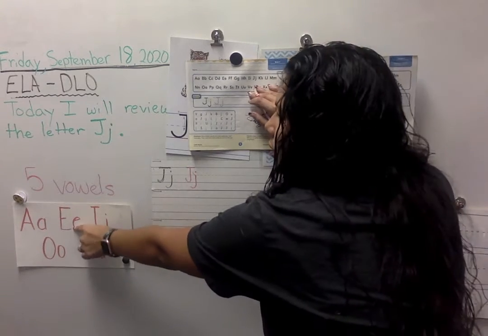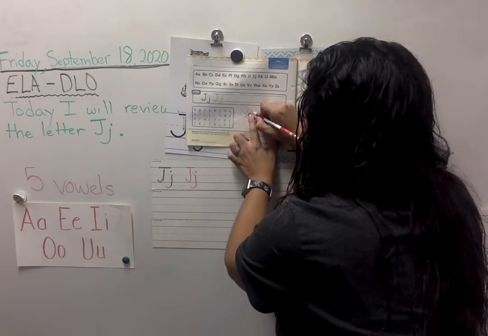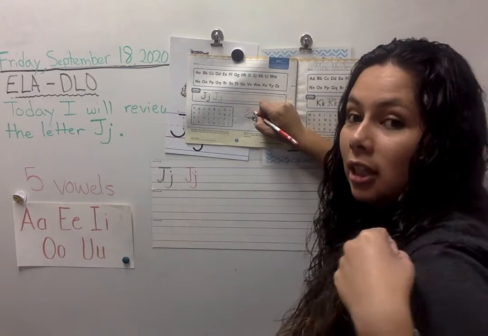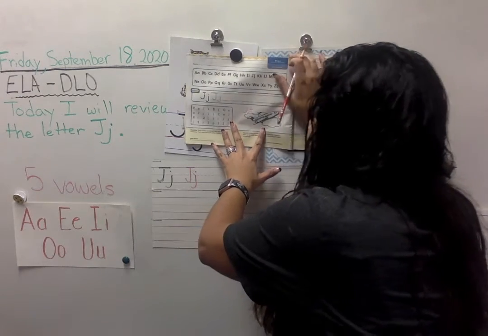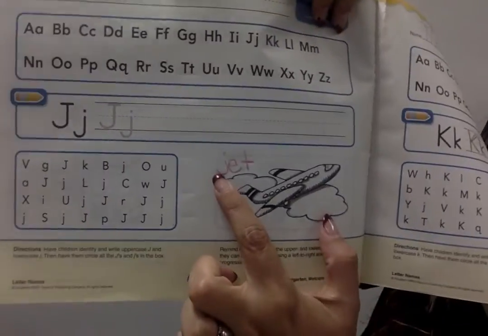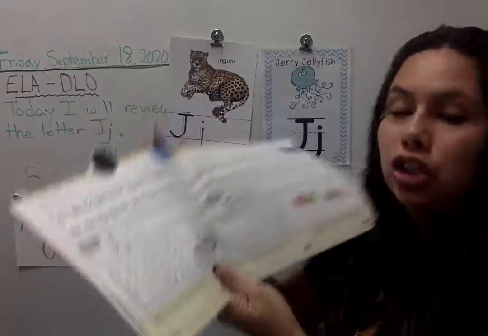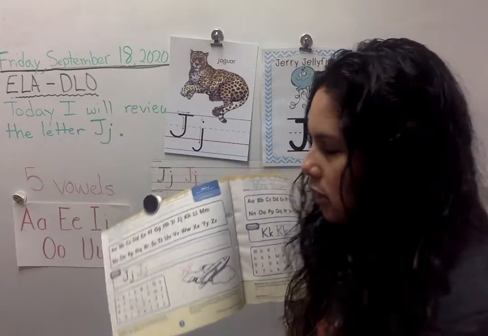That's one of our vowels, the E. J, t. That's a consonant as well. And we've learned all three of these letters. When we put them together, it makes the word jet. It's a consonant, a vowel, and a consonant.